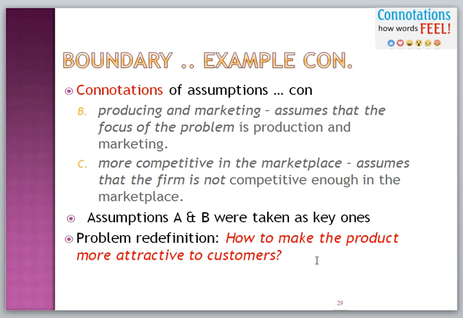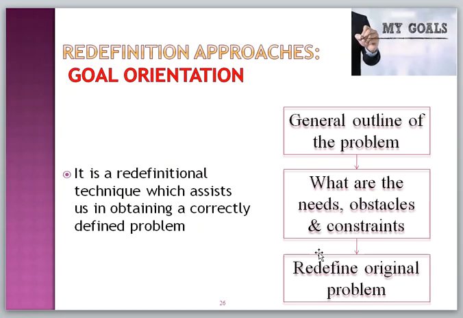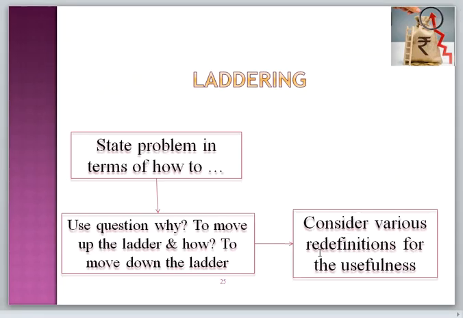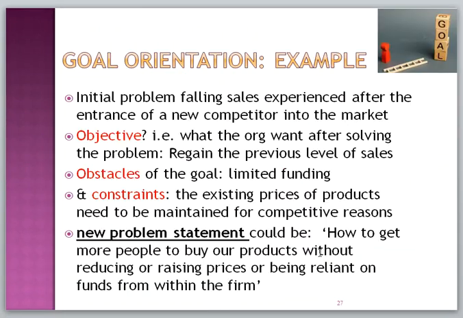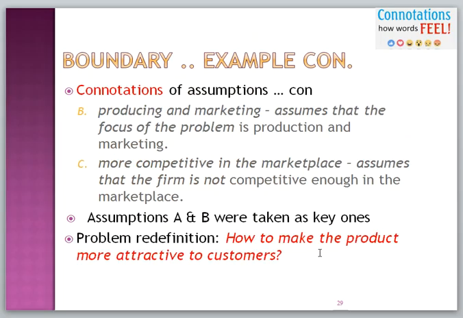This is simpler, and it was thought that this is the best way to define after understanding the connotations of the keywords. Now let's go back. We have the tools in problem finding. We studied three now. The first one was the laddering, the second was goal orientation, the third one was boundary examination.